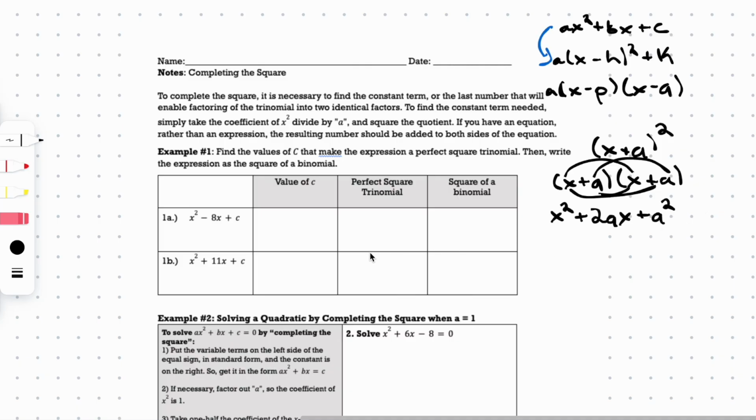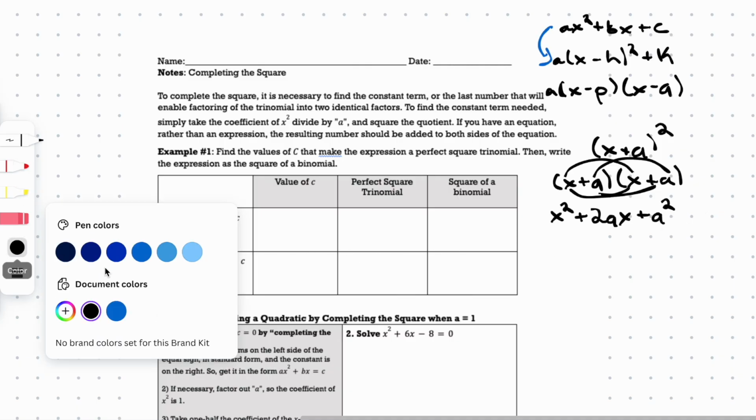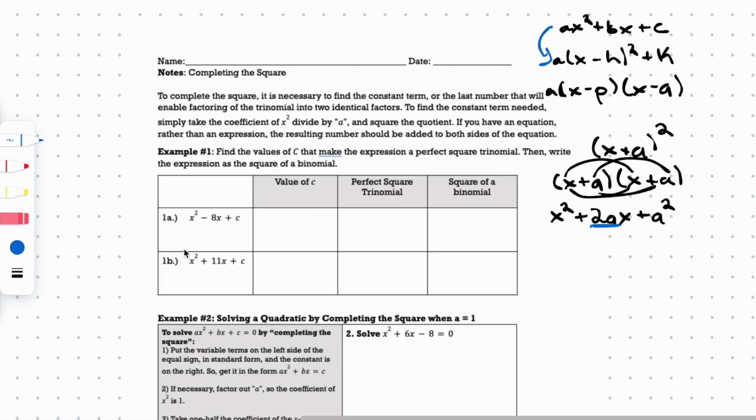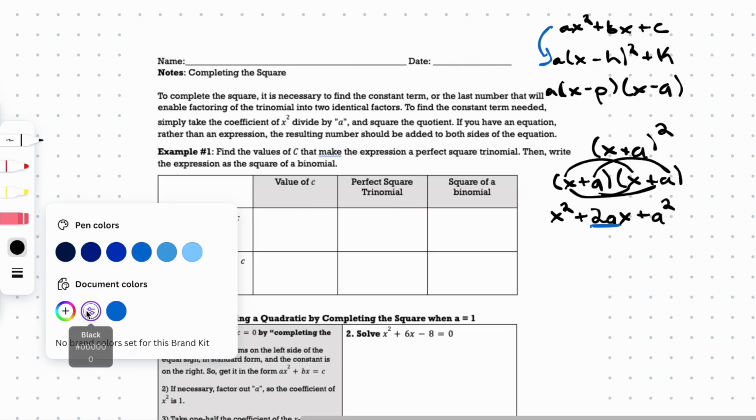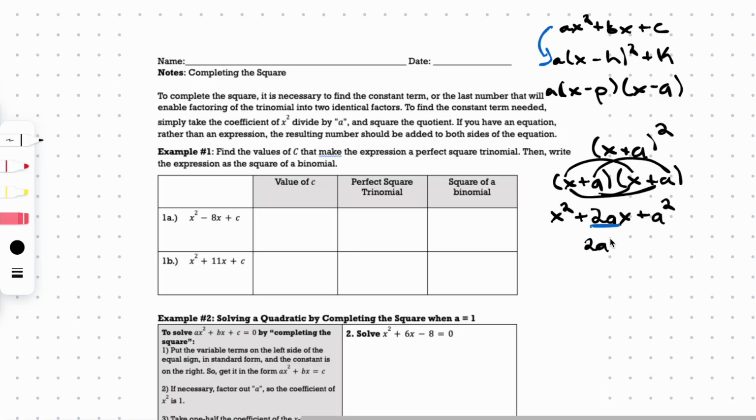So you'll notice here that the coefficient of our b term is this 2q, right? So I'm going to write this out. I'm going to say 2q equals b. Now I'm going to divide by 2, and I'm going to say q equals b over 2. And so if you see, we had q here.